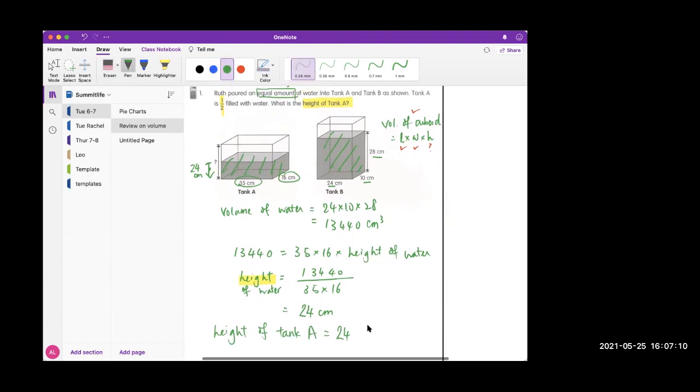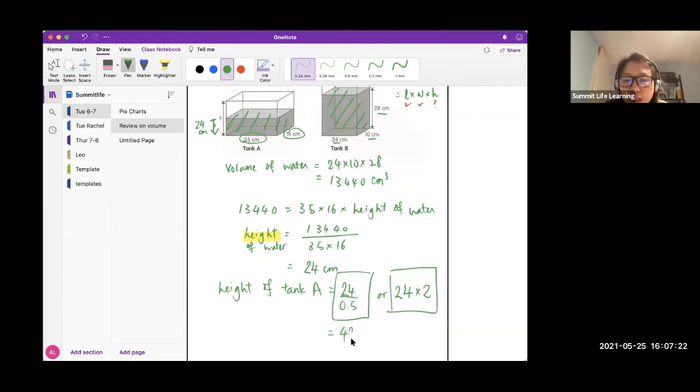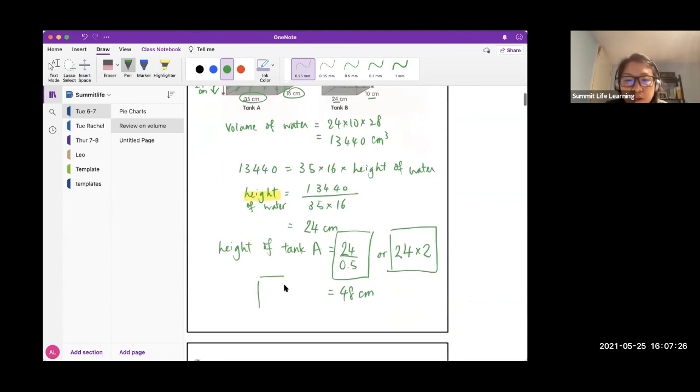Dividing by 0.5 is okay. Or because it is half filled, that means the original height is just double, so it is 48 cm. Both are okay. You can also do 24 divided by 1/2. Every one of them is okay.